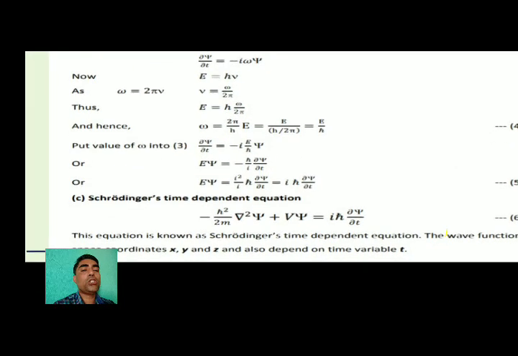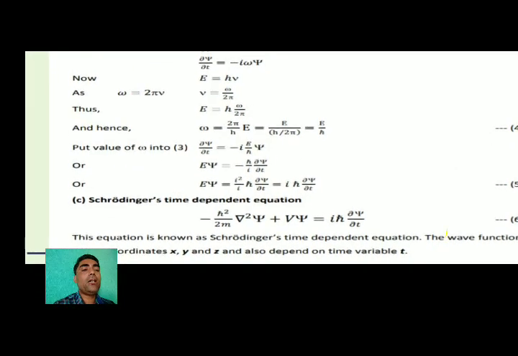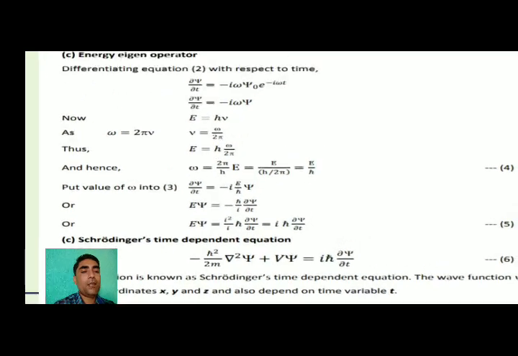This is known as Schrodinger's time dependent wave equation. If the potential of the microscopic system is a function of time, or it explicitly depends on time, then we have to use this Schrodinger's time dependent wave equation, which, here again I am repeating, is minus h cross square by twice m into del square psi plus V psi equal to i h cross del by del t of psi.